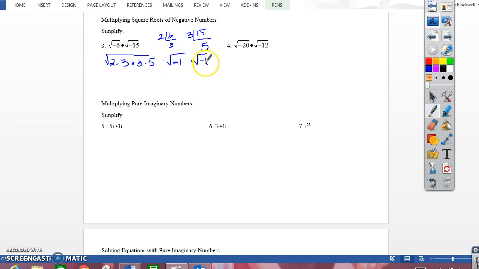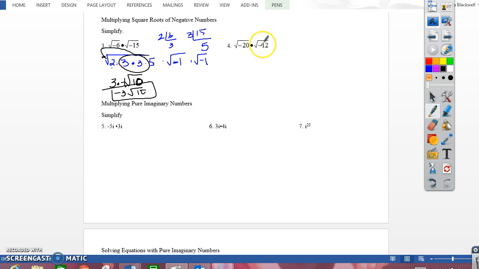Okay? And we know I'm going to bring a pair of 3's out. So I have 3, and then the square root of 2 times 5, which is 10. And the square root of negative 1 times the square root of negative 1, remember, that's i squared, which is just negative 1. So that would end up being negative 3 square root of 10.